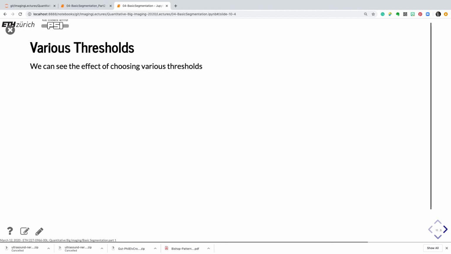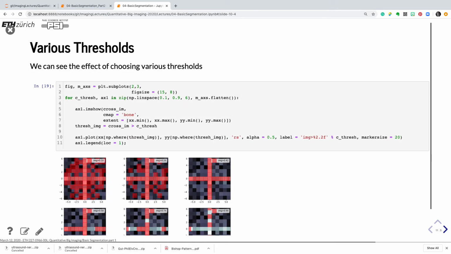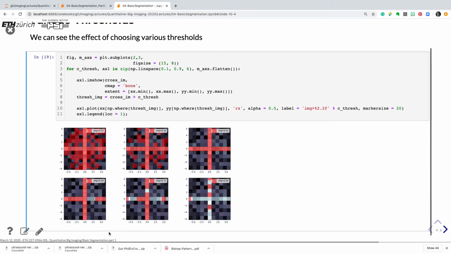And by testing different thresholds, we can see the effect of what happens when you apply them. So here I sweep over different thresholds. You can see here when you have threshold 0.1, there's a lot of background segmented as cross. Now when you increase it, the background voxels or pixels get less frequent.